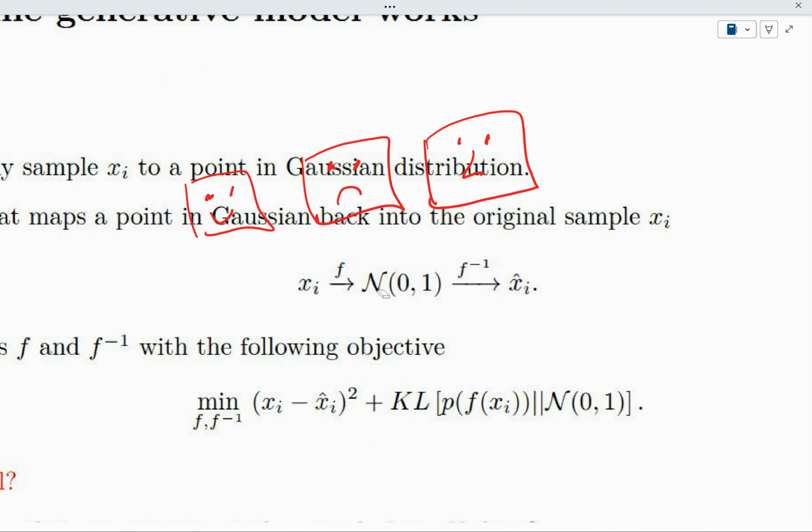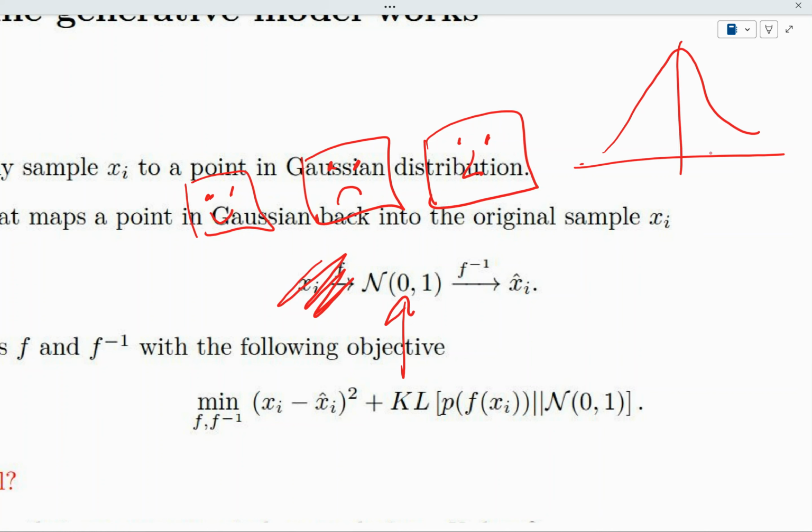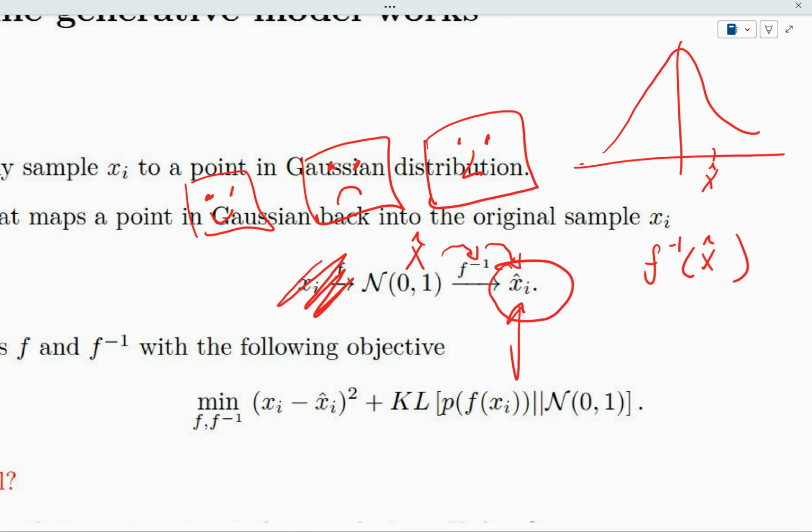What happens if you just forget about this part and just generate a random Gaussian point, right? You just randomly generate a point right here, x hat. And then we plug x hat into the inverse function. What do you think this thing would be? What is the result of this?